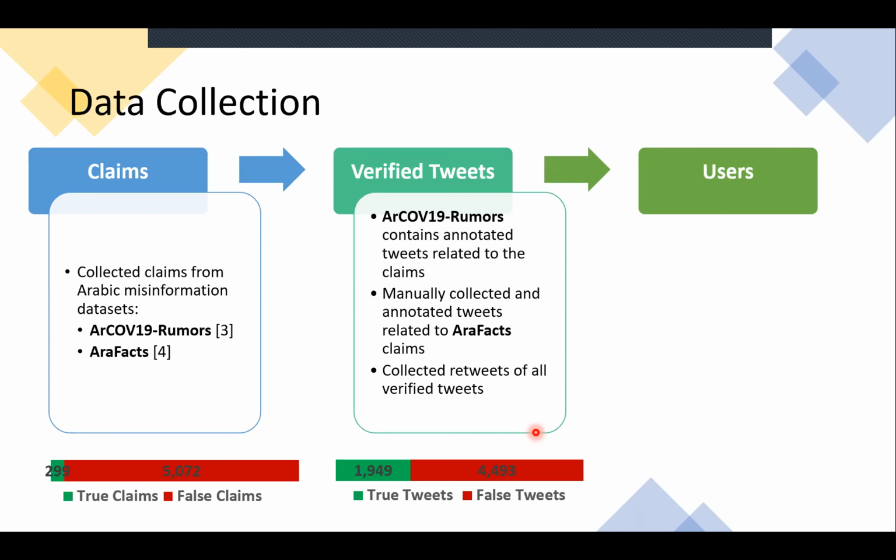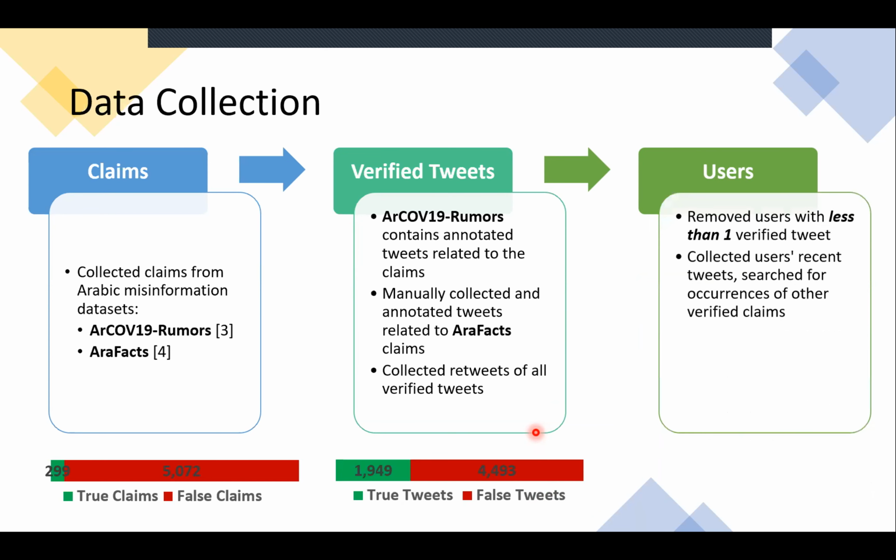Finally, after collecting all these tweets, we wanted to find the users, of course, which is our main goal. Because we had a very large number of users after collecting the retweets, we decided to set some filtering criteria, and we removed any user that has less than 1 verified tweet. Here we are eliminating users that have only retweeted any of the verified tweets. So we were only interested in users that have actually shared a tweet, not just retweeted it.